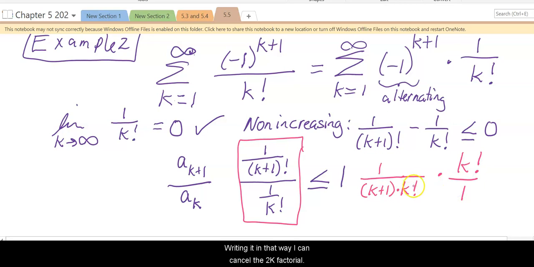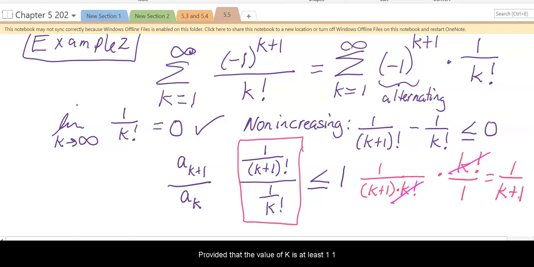Writing it in that way, I can cancel the two k factorials, which leaves me with 1 over k plus 1. Provided that the value of k is at least 1, 1 over k plus 1 is definitely less than 1. That proves that it is not increasing.